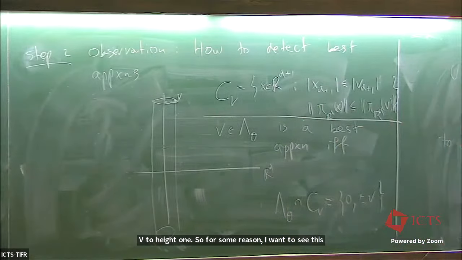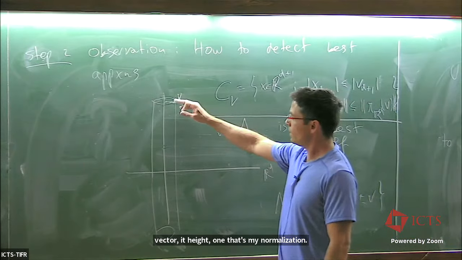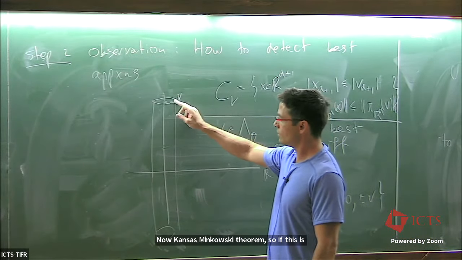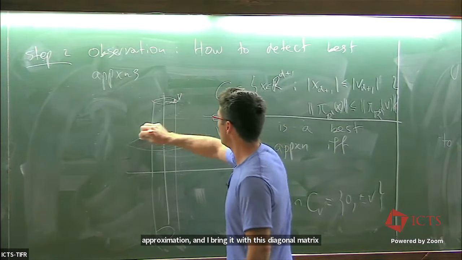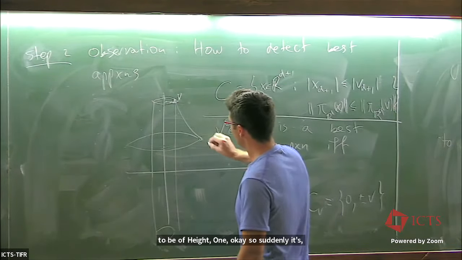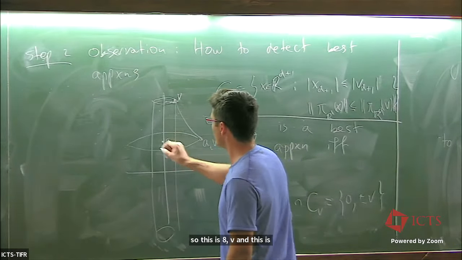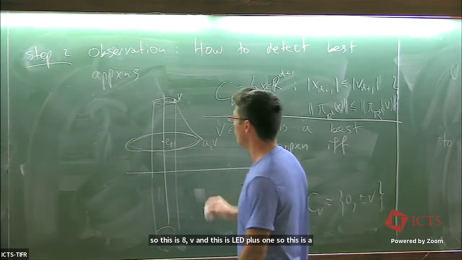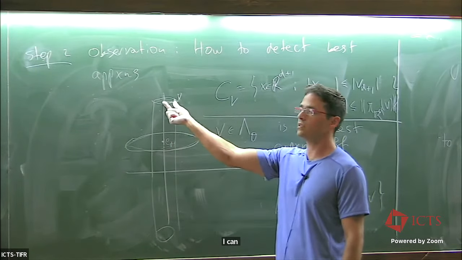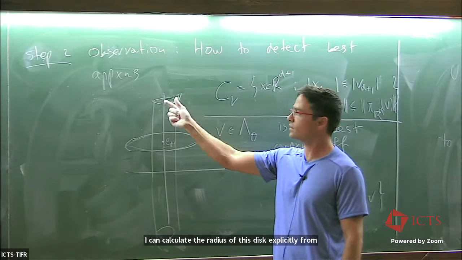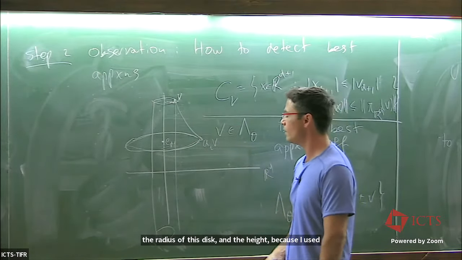That's my normalization. Now comes Minkowski's theorem. If this is the best approximation, and I bring it with this diagonal matrix to be of height 1, suddenly it sits here. So this is A_t V, and this is e_{d+1}. So this is a disk of height 1, and I can calculate the radius of this disk explicitly from the height, because I used a particular diagonal matrix to do that switch.